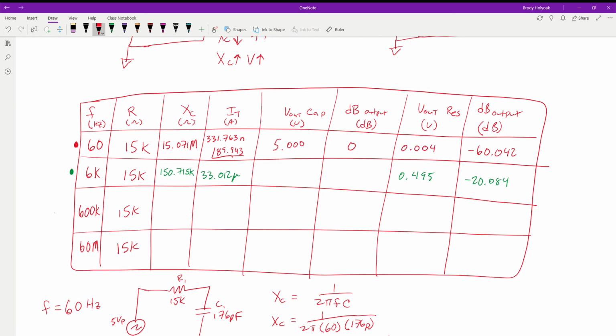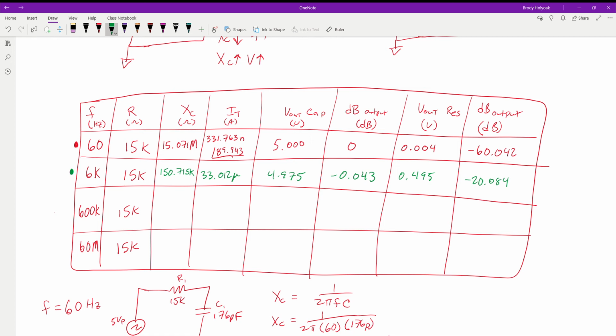And the voltage out for our capacitor is 4.975 volts, and the dB drop is negative 0.043 dB. That way, everything we're looking at we can compare to the same values.